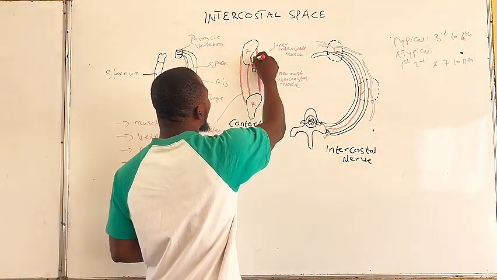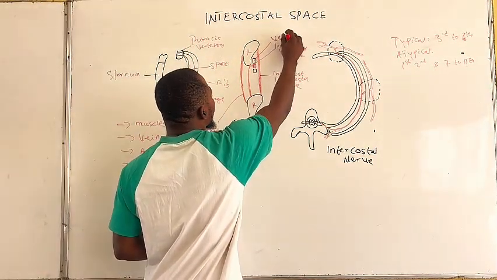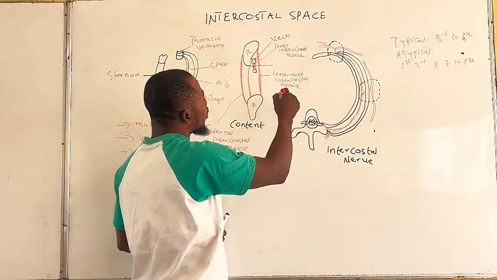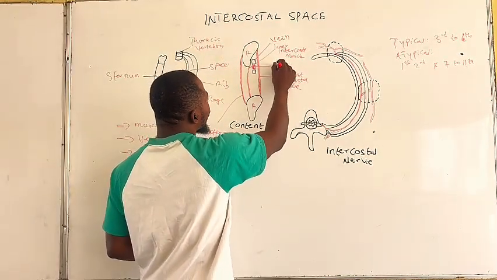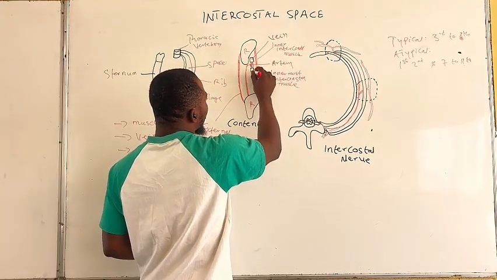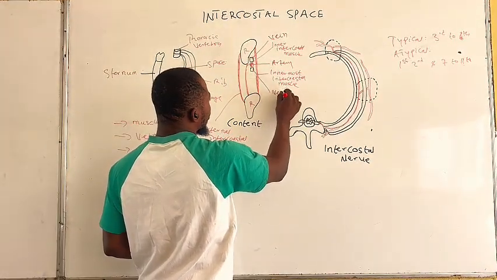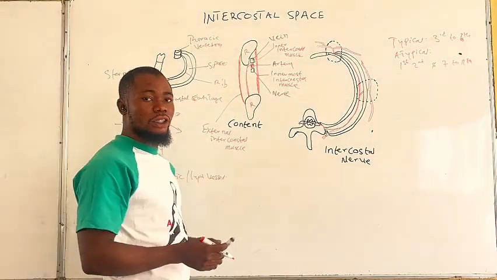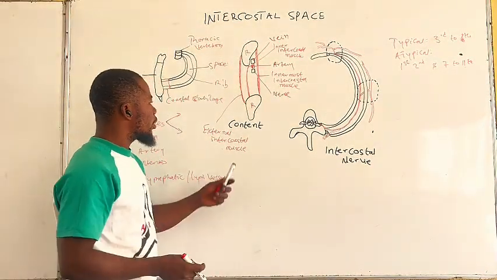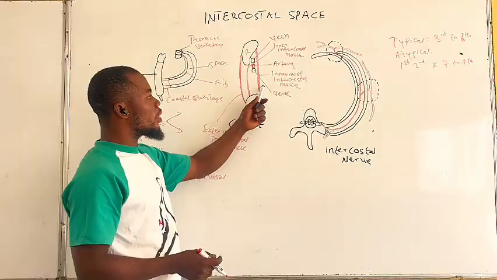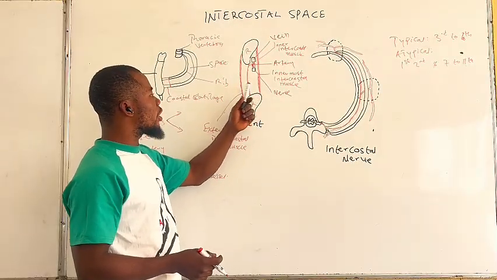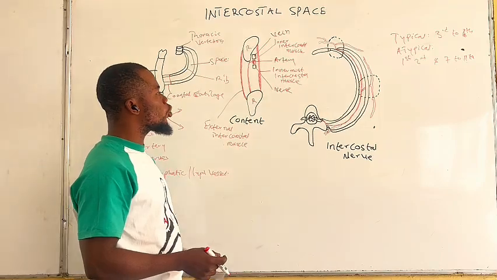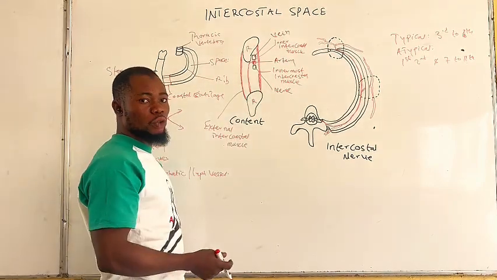These are the intercostal veins. In between the intercostal vein and the intercostal nerve, there is the intercostal artery. So this diagram is showing us the contents of the intercostal space. The intercostal muscles are arranged in 3 layers: the external intercostal muscle, the internal intercostal muscle, and the innermost intercostal muscle.